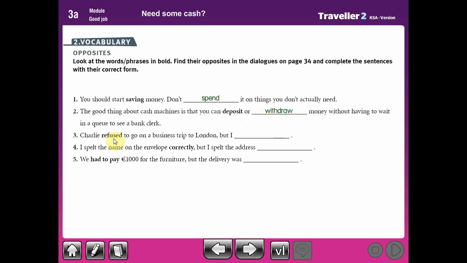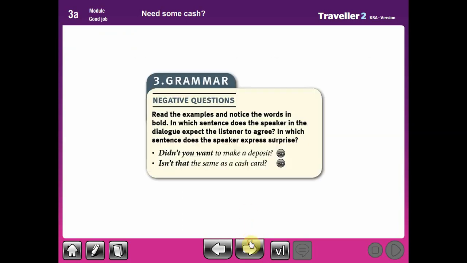Refuse, when you say no, and if you'd like to say yes, you accept. Correctly, the opposite is incorrectly. Had to pay, when you'd like to buy something without paying money, you say it's for free or it's free of charge.